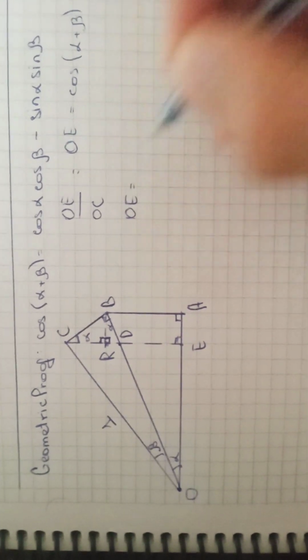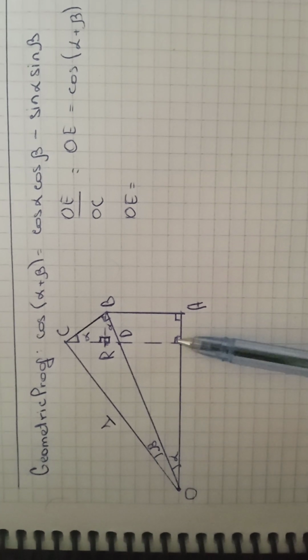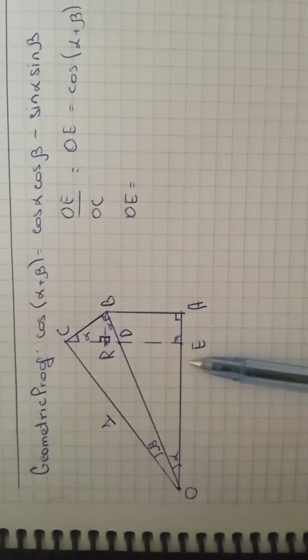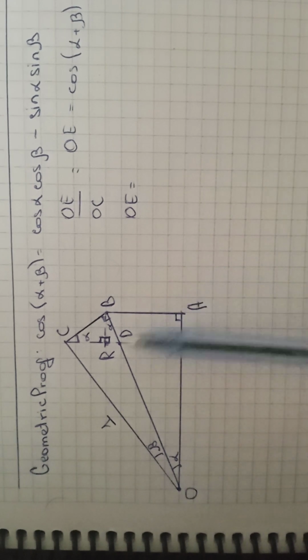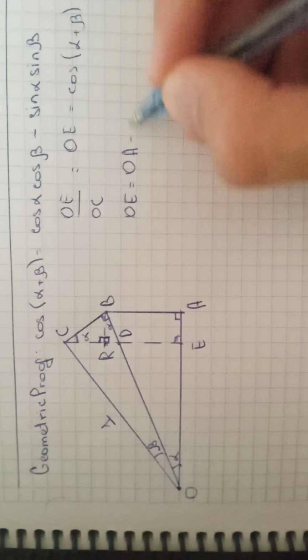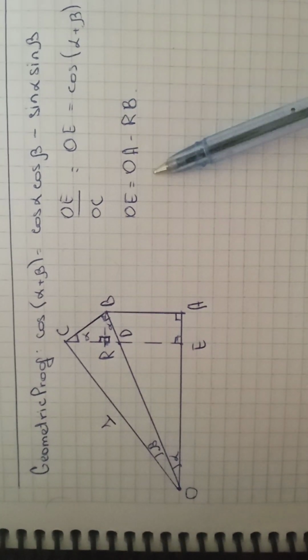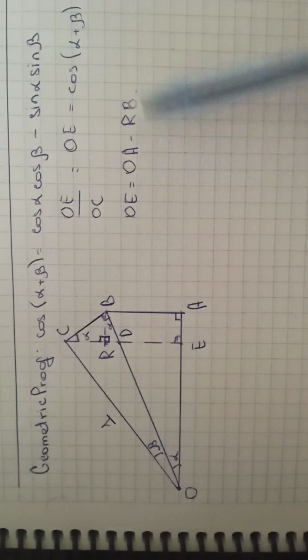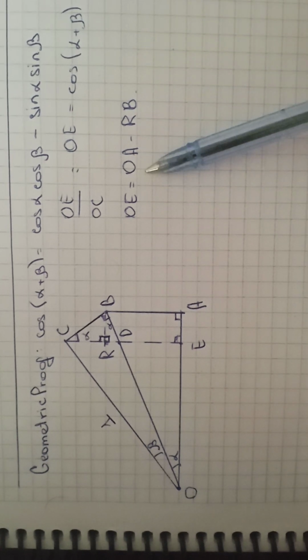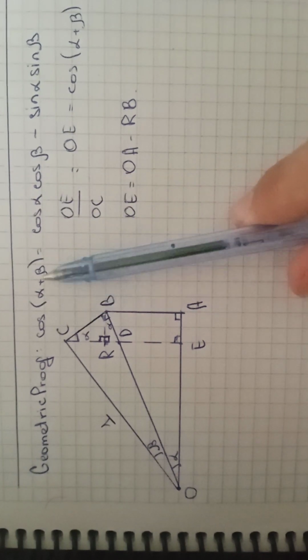OE, which is this line here, is equal to OA minus RB. So now we know the components of OE to get the answer for cosine alpha plus beta.